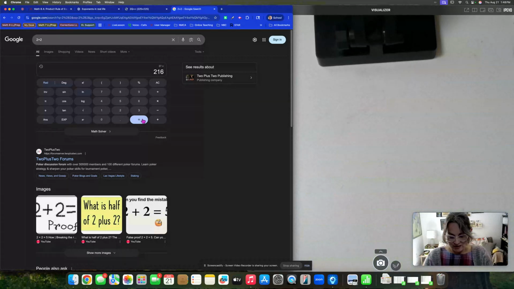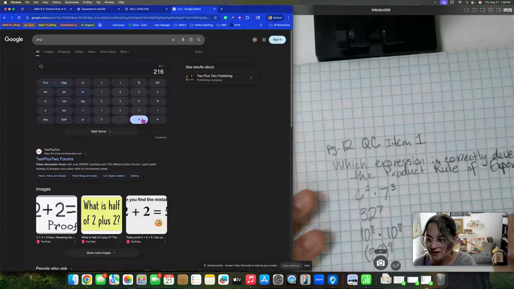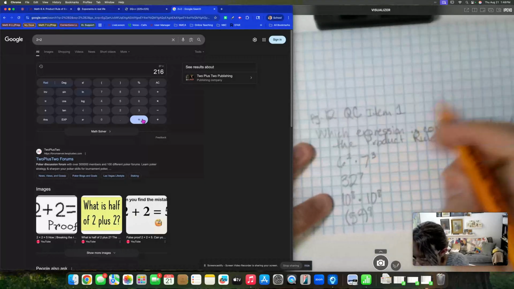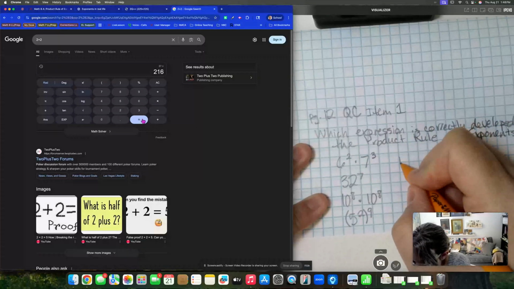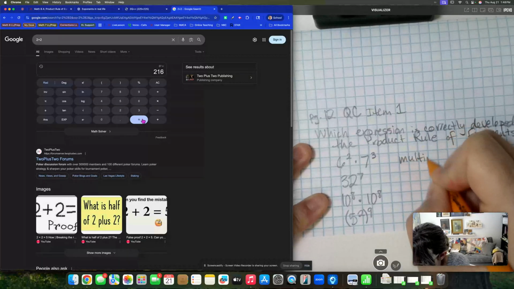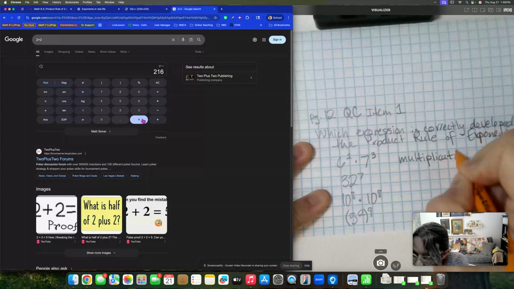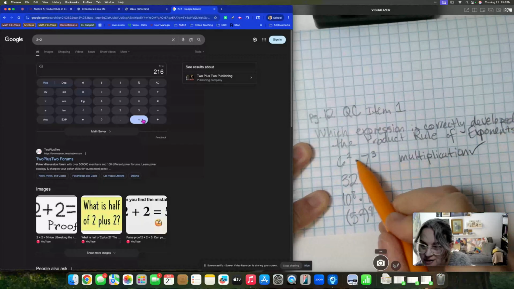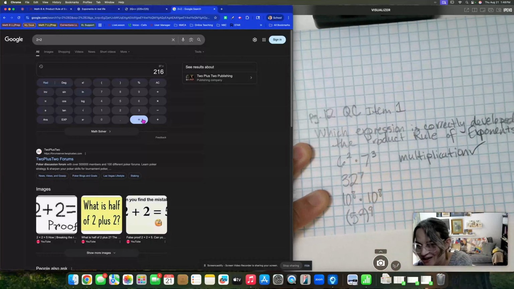Okay, so let's look at our choices here. Okay, first one, are we multiplying? Yes, we are. Okay, that dot in between 6 to the second power and 7 to the third power means multiplication.